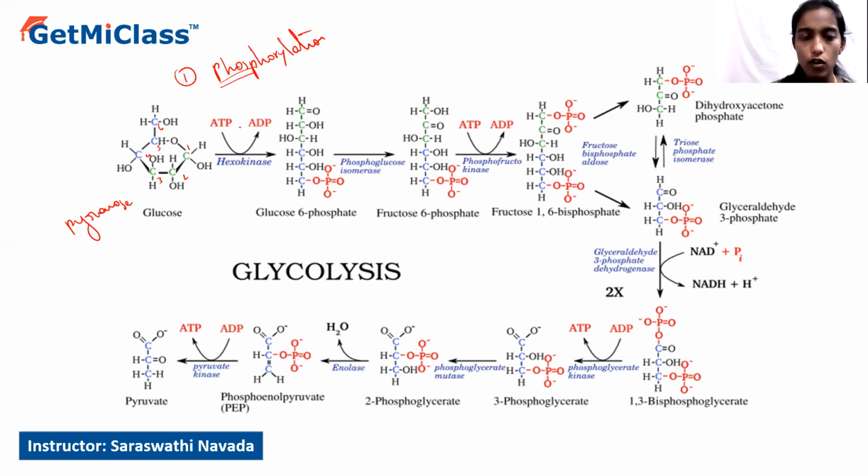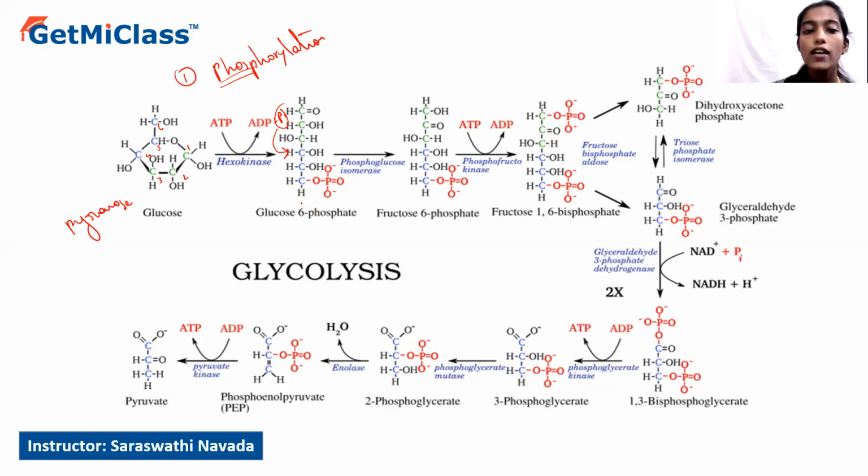structure of the glucose. So here the 6-carbon glucose molecule will be added with a phosphate. This phosphate will be donated by ATP. So ATP undergoes dephosphorylation, giving rise to ADP as well as inorganic phosphate. And this inorganic phosphate that is released will be added to the glucose molecule, and it results in the formation of a compound called glucose 6-phosphate.